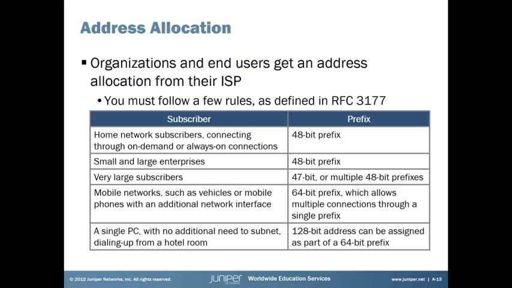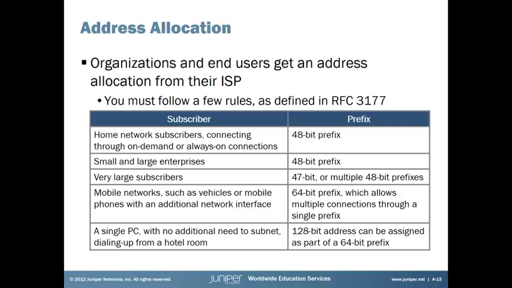Okay, so just think about this for a minute. What normally happens is when you go and get an Ethernet connection, your block of addresses will come from your ISP. So if we decide then to take that block of addresses and use that for the addressing scheme within our organization, in other words, we give every single device within our organization a globally routable address, which is quite possible with IPv6.